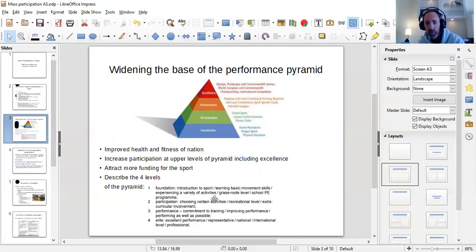This is an experience of a variety of activities, at grassroots level and in the school PE programme. For many young people, and this is more targeted in the UK, their first experiences of physical activity are going to come through school, what they experience in PE lessons and what they are offered as extracurricular activities.